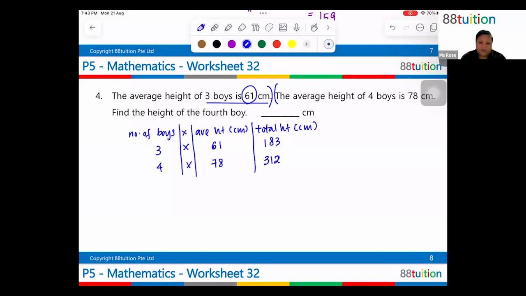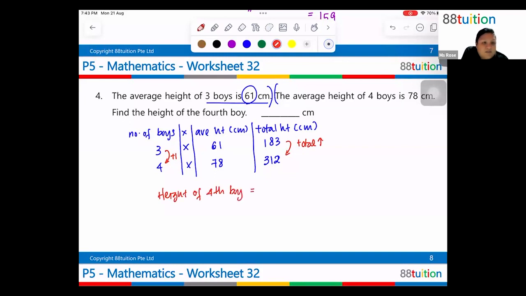So we know that the change is that there is an increase in the number of boys. Because of the increase, the total also increases. So can we find the height of the 4th boy?